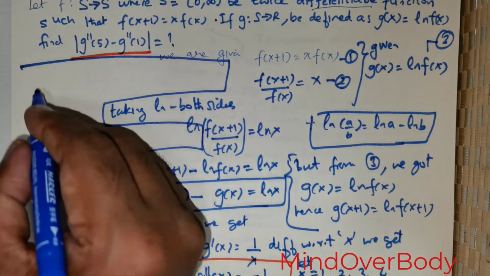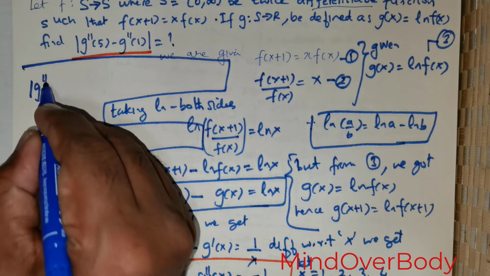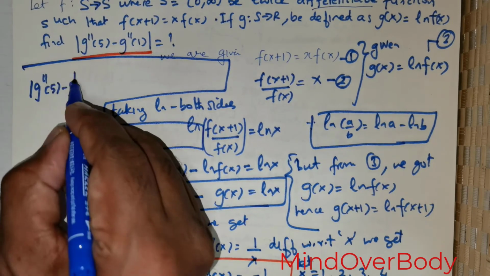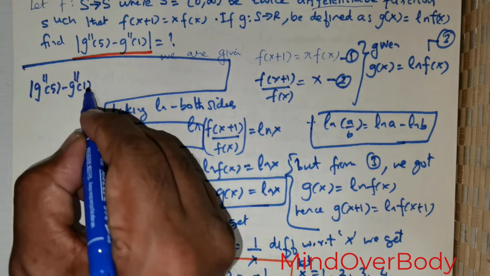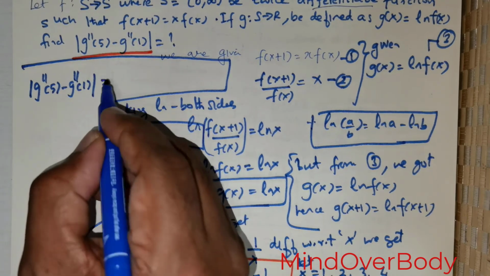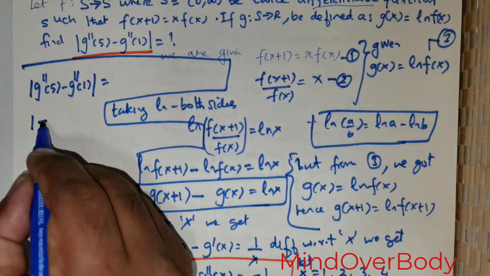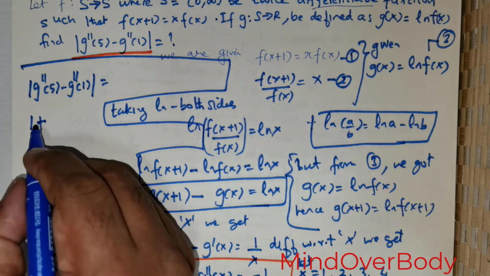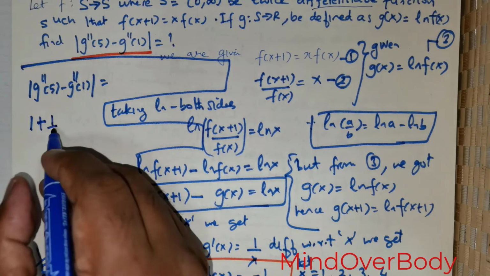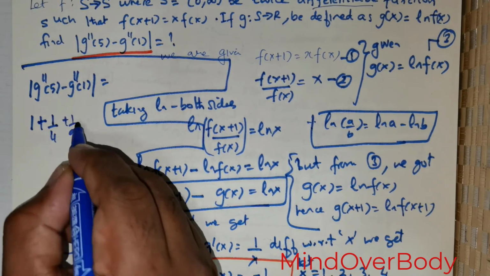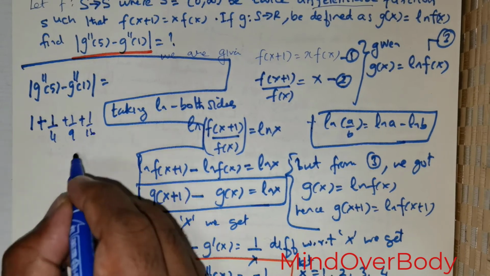So to perform the calculation, we got modulus of g double dash of 5 negative g double dash of 1. This is what is required, which is equal to, since I've taken the modulus, 1, positive 1 over 4, positive 1 over 9, positive 1 over 16.